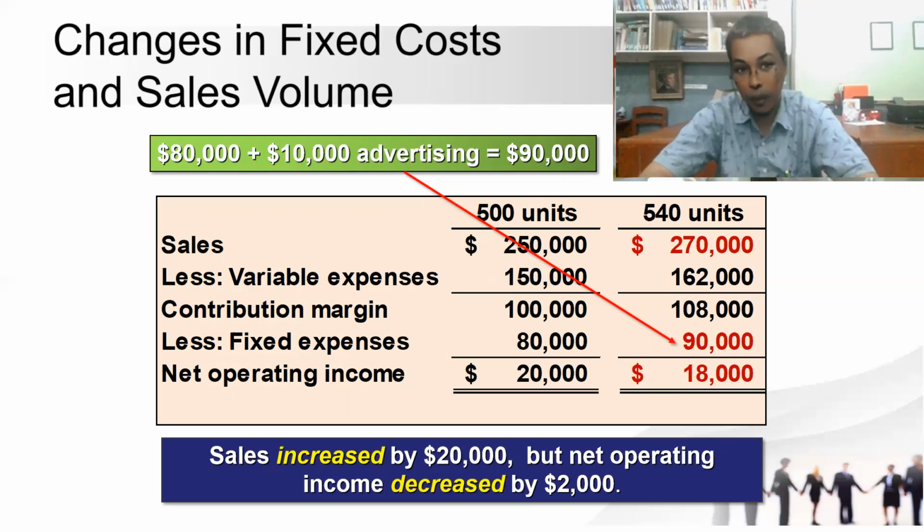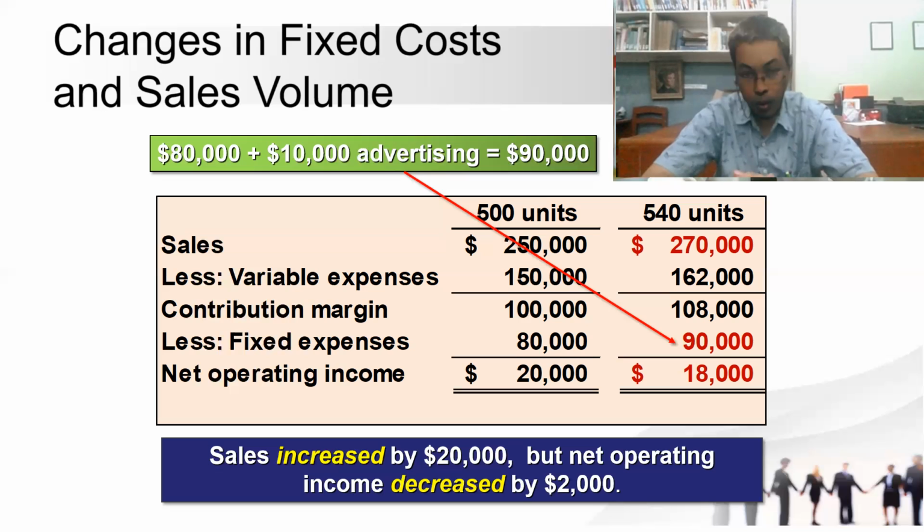Advertising is also included in the fixed cost because that is a fixed contract. If we play with the numbers, we would like to know if advertising is effective, a good choice or a good decision.